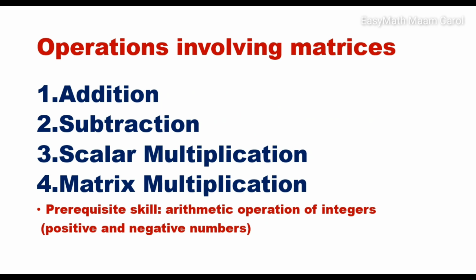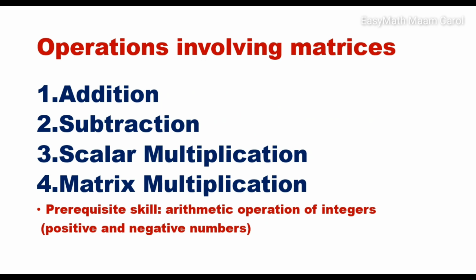So, ngayong araw na to, mag-aaral tayo ng mga operations involving matrices. Yun ay yung simple addition, subtraction, scalar multiplication, at saka matrix multiplication. So, dalawang klase yung multiplication. Yung scalar ay yung magmumultiply ka ng isang number dun sa isang matrix.